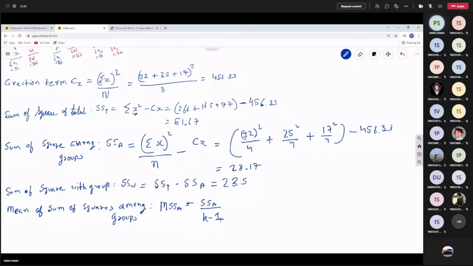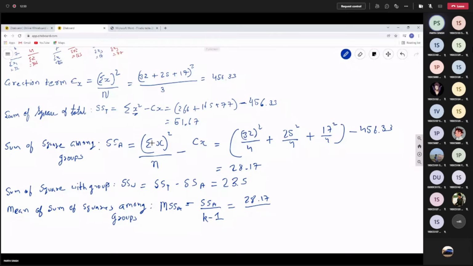Now what is this K? SSA we have already found, right? That is 28.17. And this K is nothing but 3, that is the number of groups.